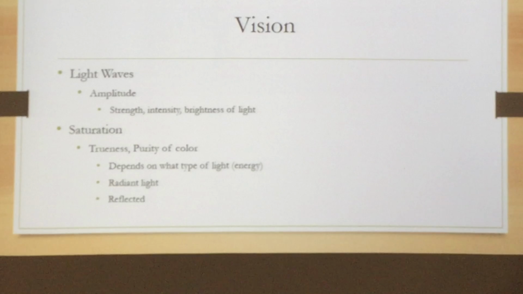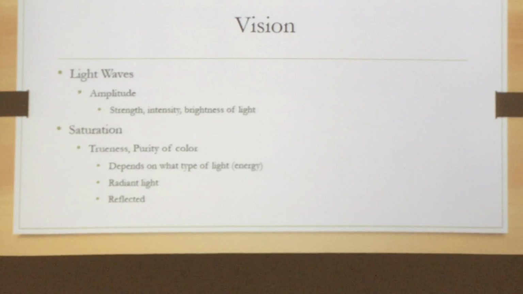Light waves are referred to by amplitude, which is, again, the strength, intensity, or brightness. Saturation is the purity of the color, the trueness of the color, and it depends on whether it's radiant light or reflected light.